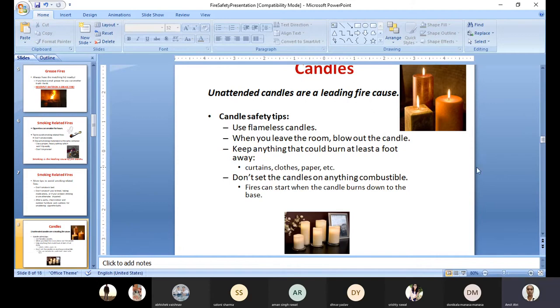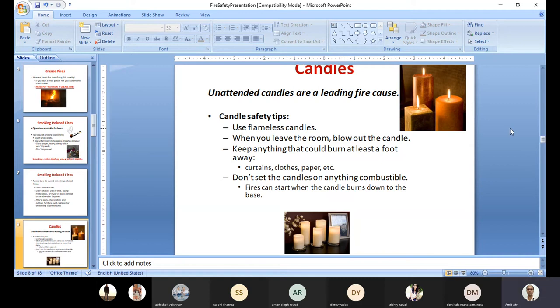Mostly they are used in these situations for decoration. Restaurants could be using it for candlelight dinners or some decoration purpose. So interior designers are dealing with this thing. So use flameless candles.